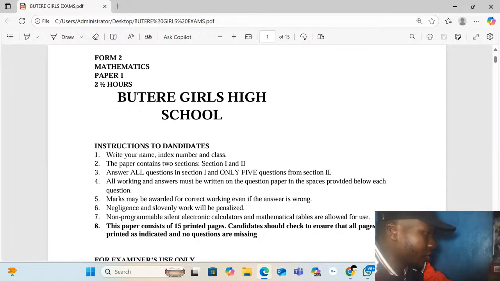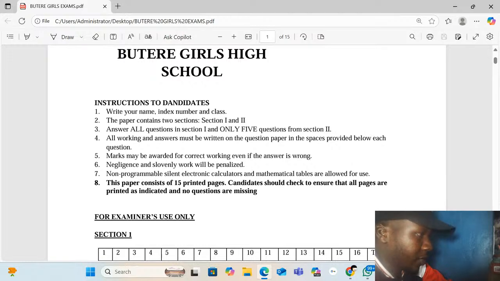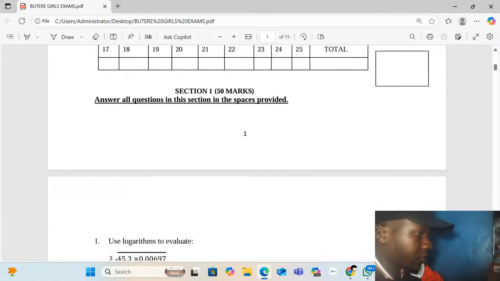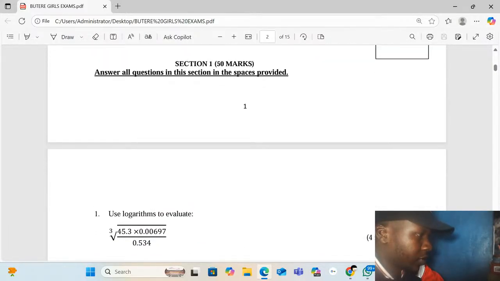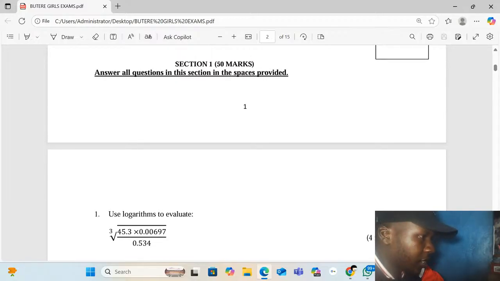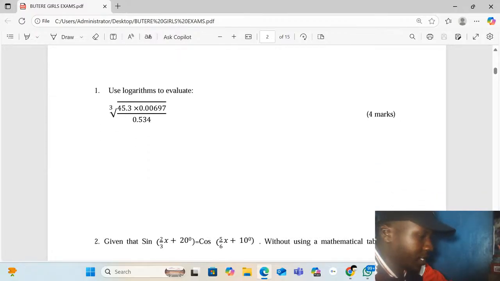From the instructions, you're supposed to attempt all the questions in this section, in the spaces provided. So we can move to question number 1.